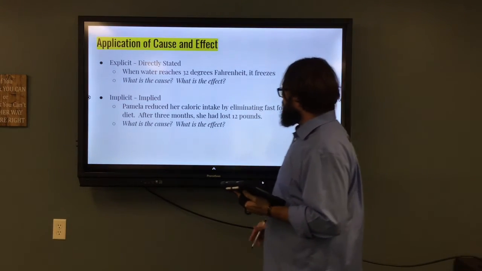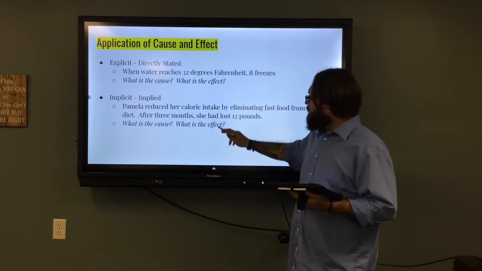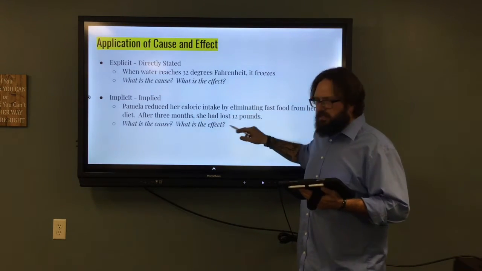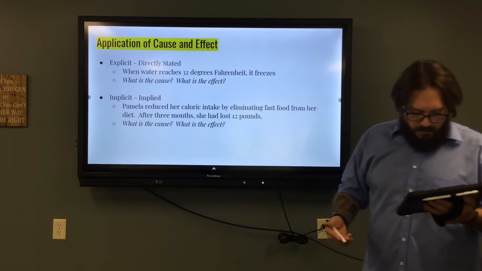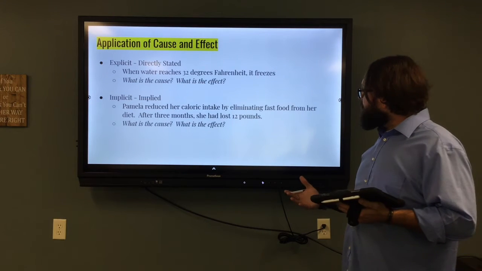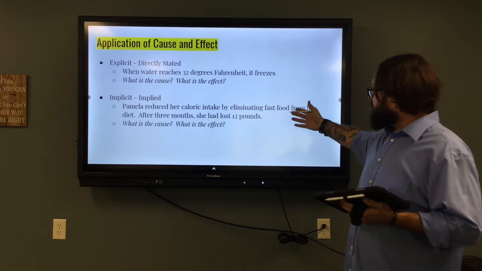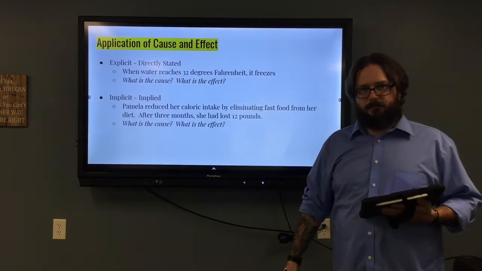So in this case, the cause is going to be implied, but the effect is explicitly or directly stated in the passage. Since she needed to lose weight, she dieted. She reduced her caloric intake, and then she lost weight.